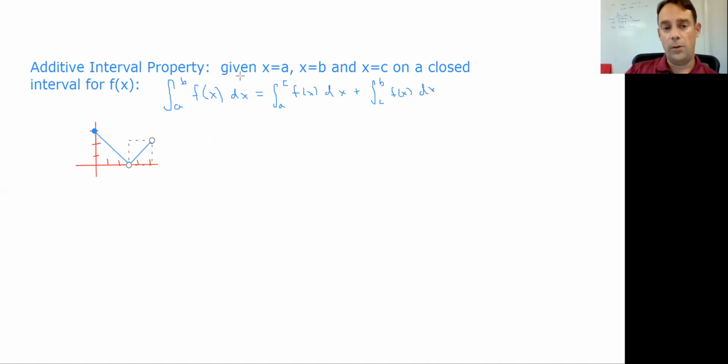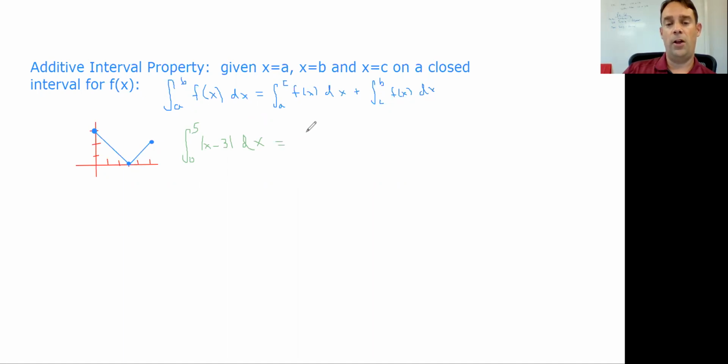On this problem we actually figured out the area from 0 to 5, and we treated it as two triangles.